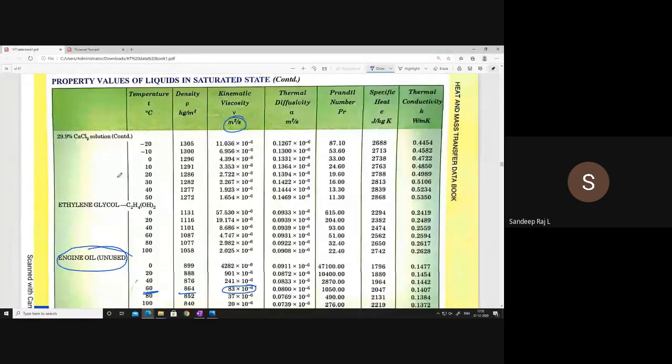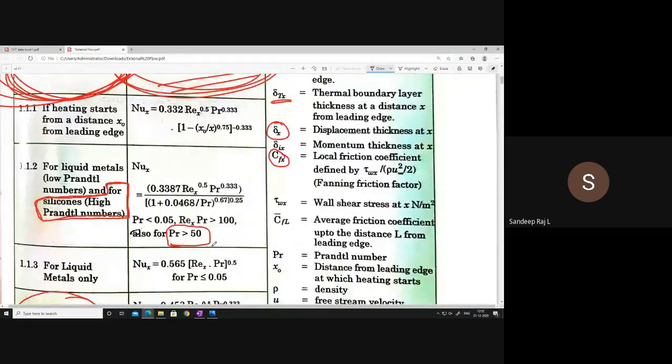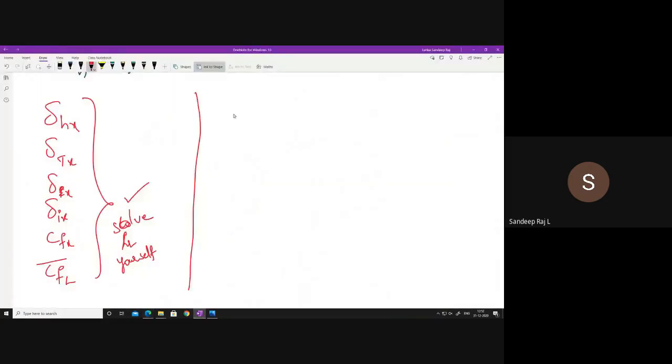So if you go to the data book and look at the Prandtl number values for this engine oil, all these values are very high. So whenever engine oil is given to you, you have to be careful. You have to take this seriously because the Prandtl number value is greater than 50. Since the Prandtl number value is greater than 50, you have to use this formula here. So use this formula and solve it.